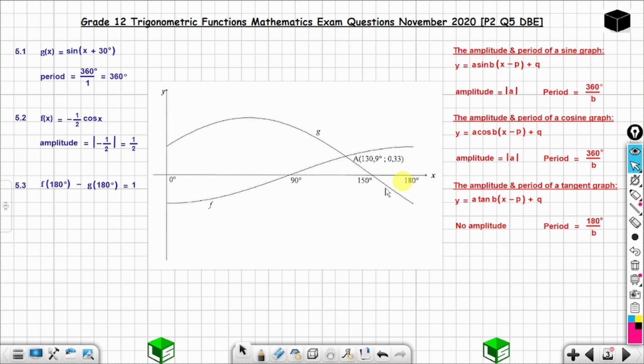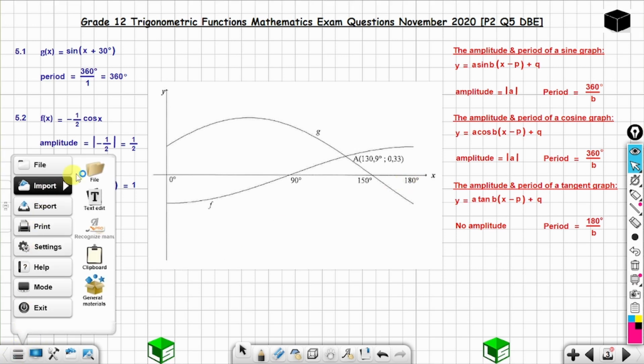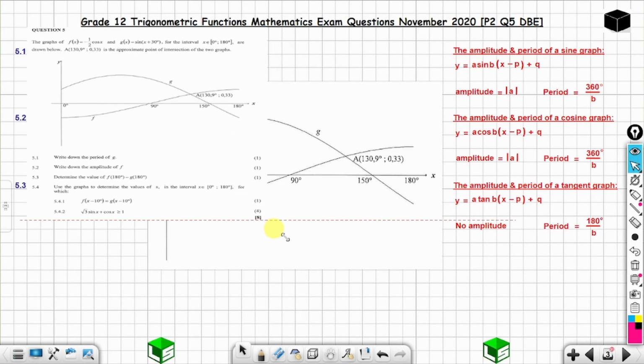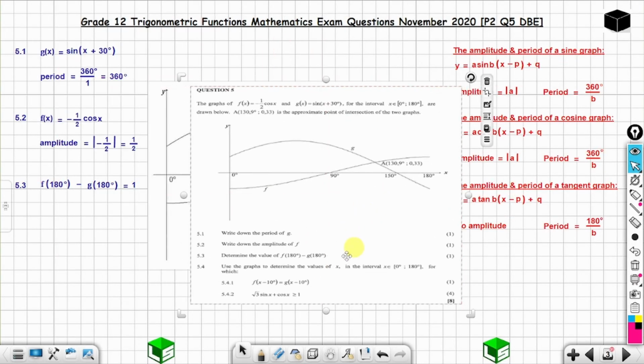Okay, let's move on. Let me get the question again. Question 5 from November 2020. Use the graphs to determine the values of x in the interval x element of [0 degrees, 180 degrees], for which 5.4.1: f of x minus 10 degrees is equal to g of x minus 10 degrees. 1 mark.